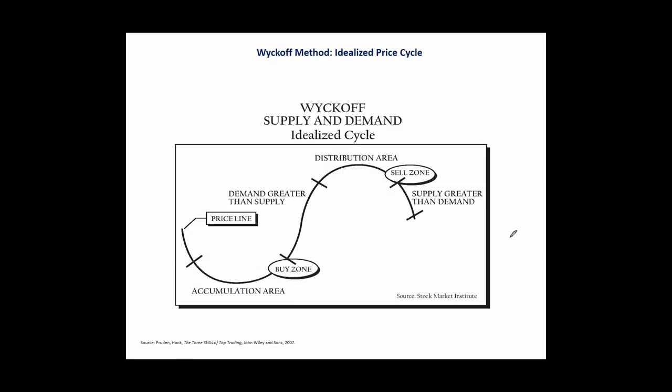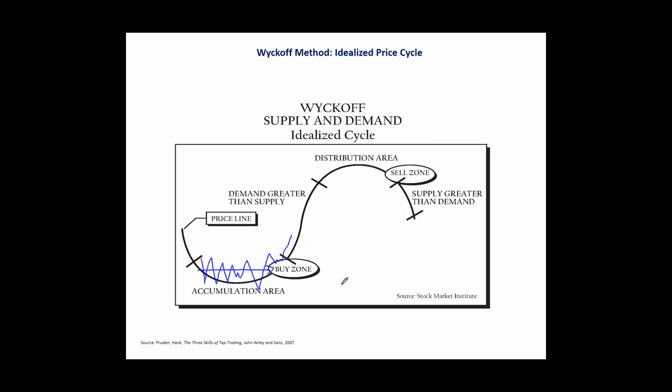But what's going on in accumulation is sideways market activity where prices trade in a wide bounding trading range where they seemingly go nowhere, but there's what we call intelligent activity occurring during accumulation.